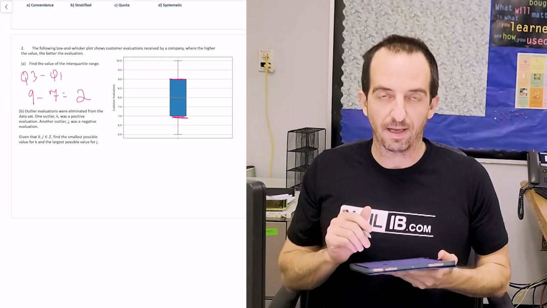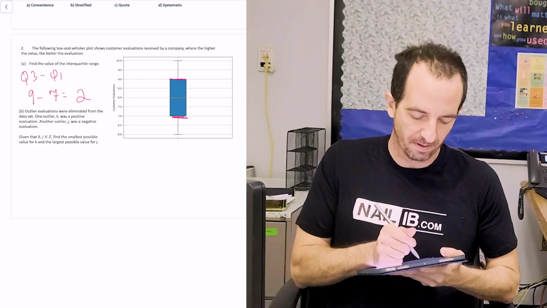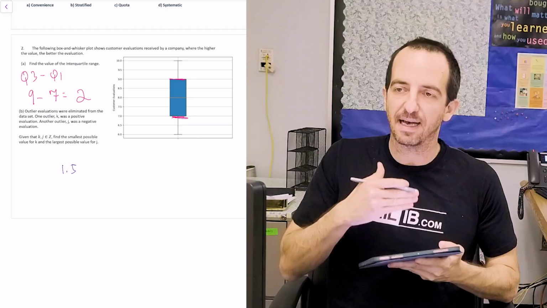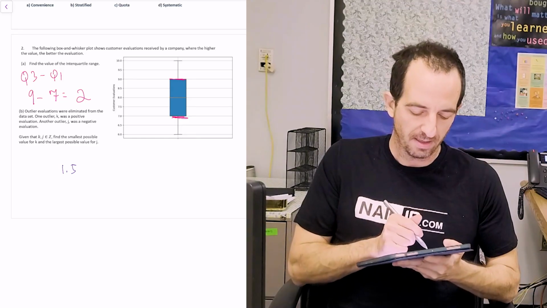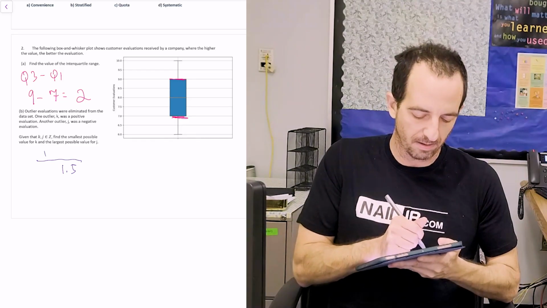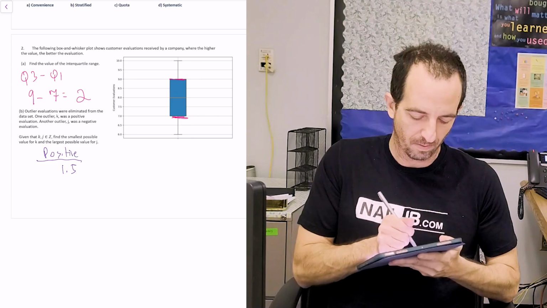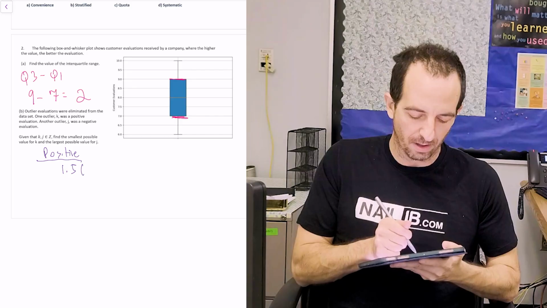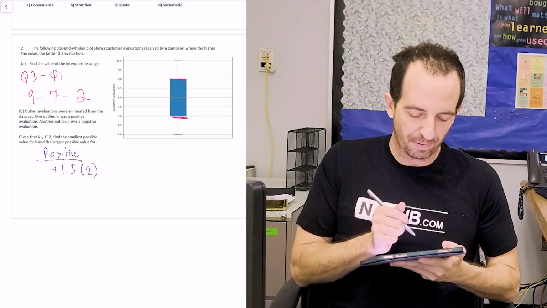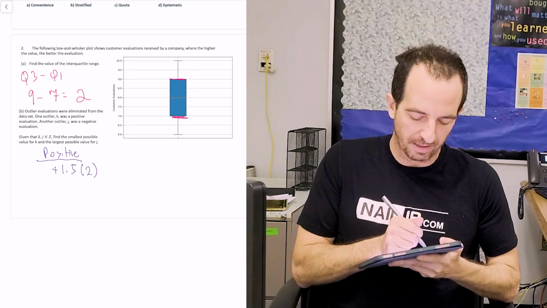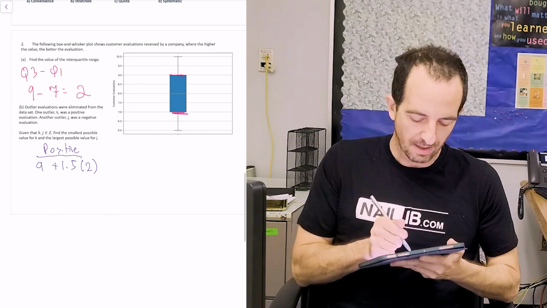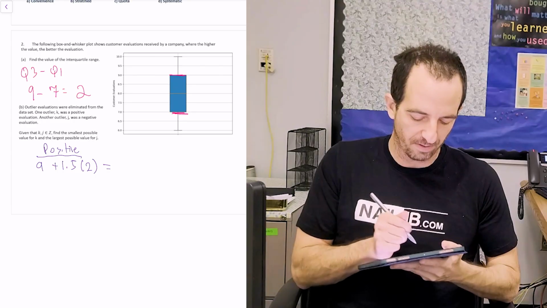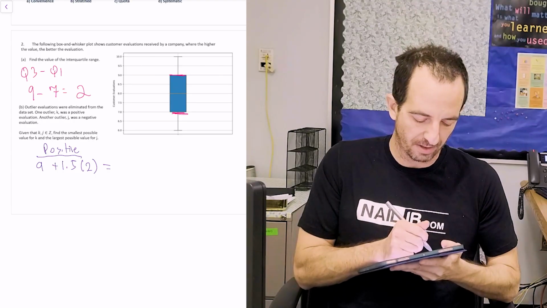So what is an outlier? An outlier is going to be 1.5 times outside of Q3 or Q1. So in the case of our positive outlier, which is K, what's going to happen? This should be 1.5 times our IQR plus what is our Q3? Q3 is 9. So our upper boundary is going to be 9 plus 3, or 12.